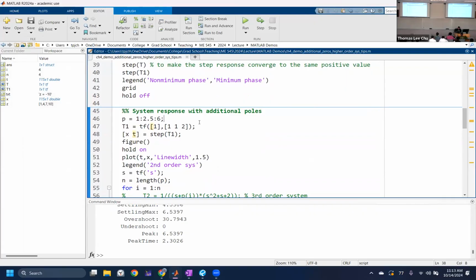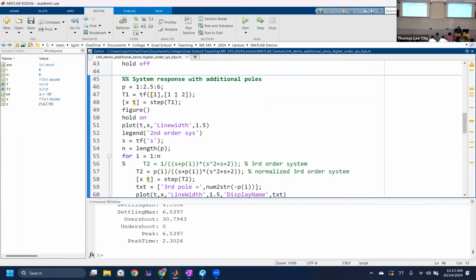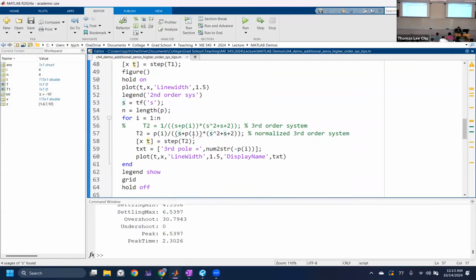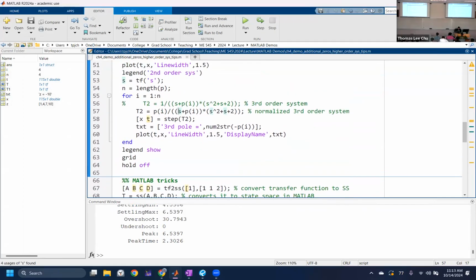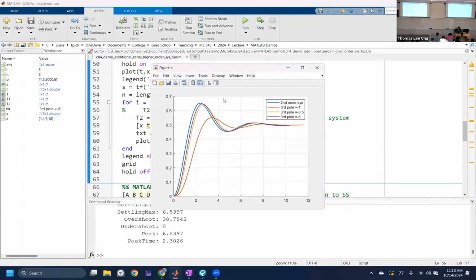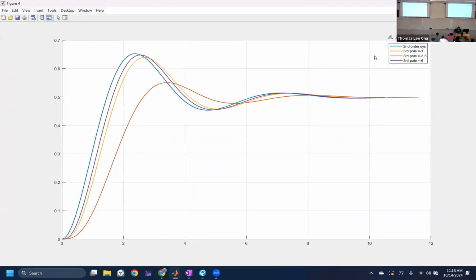Okay, and then here's an example of a system response with additional poles. What I'm doing here is adding poles at different locations. Here I have a second order system, which is in blue. Red is a pole at -1. This pole at -1 is the dominant pole, more dominant than the two complex conjugate poles.